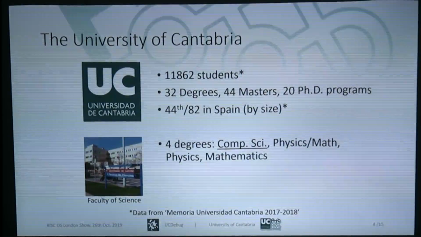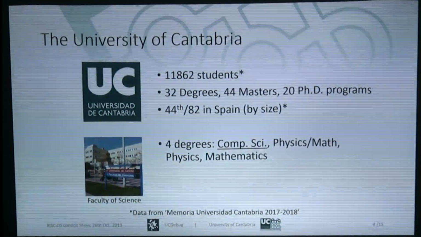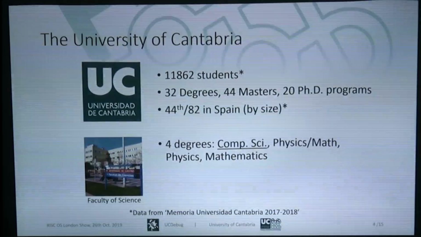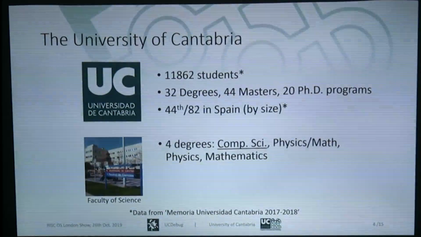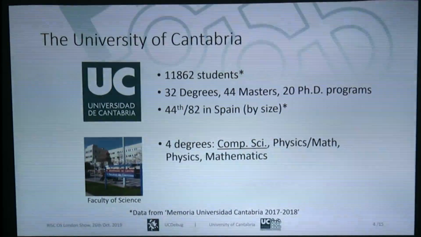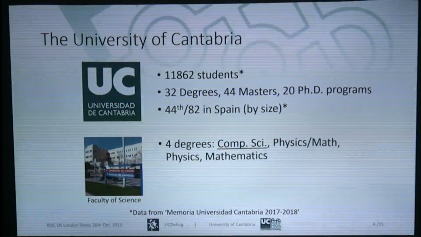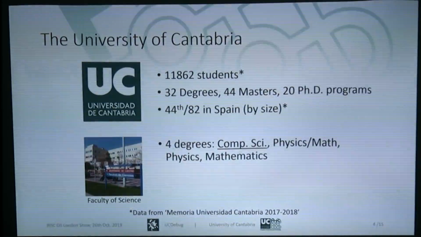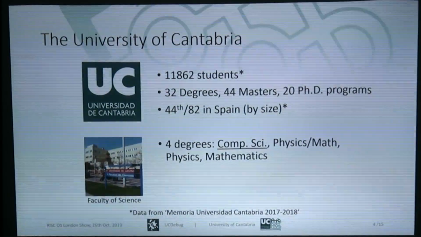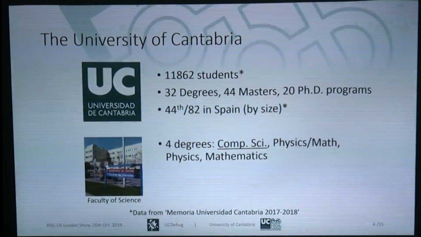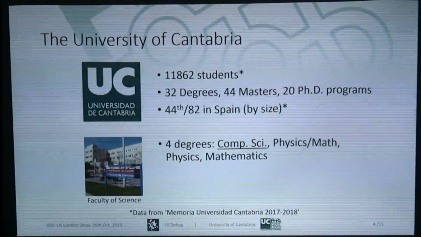There, apart from several masters and one PhD program, we offer 4 different degrees. And I want to highlight the degree in computer science, in which I teach, because it is ranked among the best in Spain, both in terms of teaching quality and research.